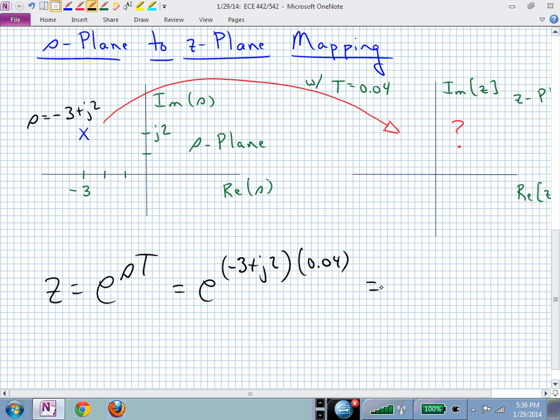This gives us two pieces. It gives us a piece that's minus 3 times 0.04, or minus 0.12, and it gives us another piece, e to the j 2 times 0.04, or 0.08. And remember that this is in the form of radians as far as an angle is concerned.